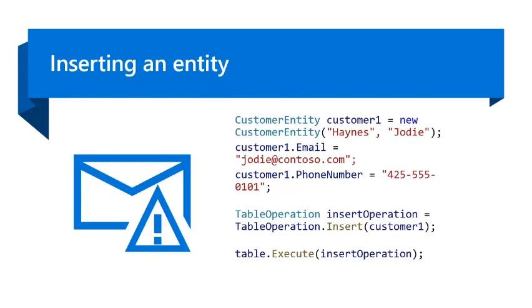Inserting an entity. You can build an insert request for a new entity using the TableOperation.Insert static method. This method expects an object that inherits from the TableEntity class. Once you build the request, you can use the CloudTable.Execute method to issue the request to the table service.